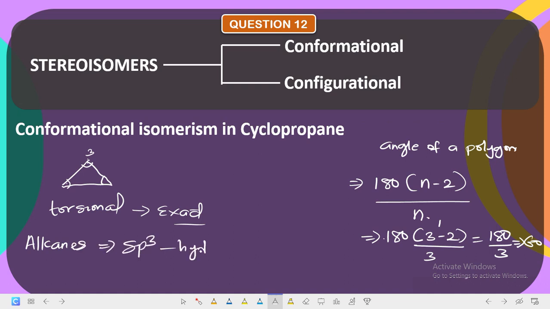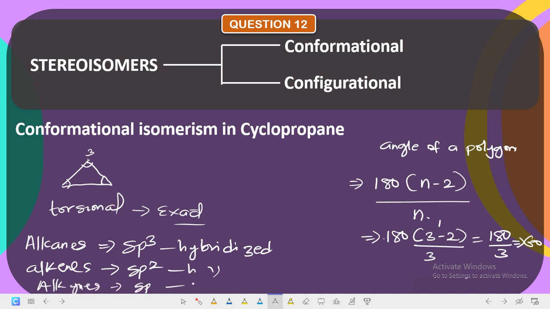Is that not so? How about alkenes? Alkenes are sp2 hybridized. Is that understood? And then alkynes are sp hybridized. Now, everyone knows this.